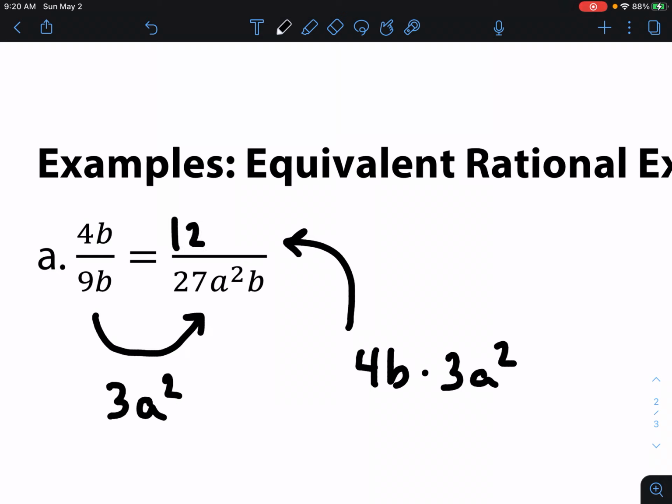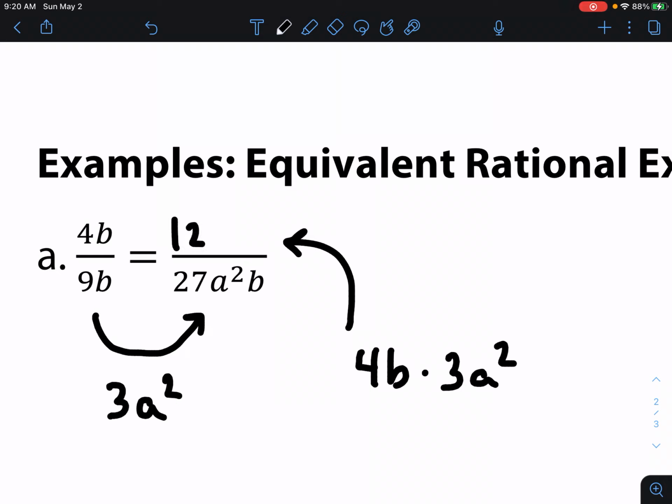Okay, so I just created an equivalent expression. This is something that's really important. It's something that we're going to have to do when we create common denominators. We're going to have to do this to the numerator of the fractions that we're dealing with so that we can add or subtract them.